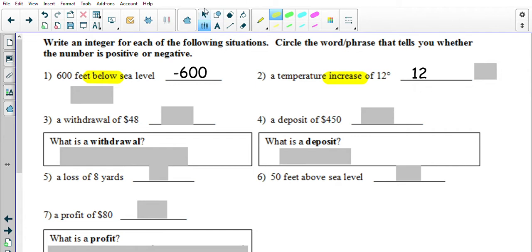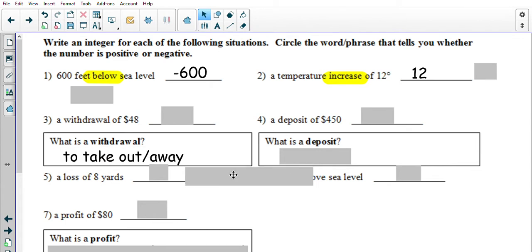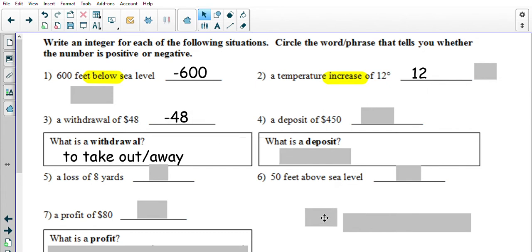If we're talking about a withdrawal in this case, we're talking about taking out or taking away. So if I withdraw money, I might be going to an ATM. If I withdraw money, it means I'm taking money out of my account. Now, it's more money I'm getting in my pocket, but with respect to the bank account, it represents a negative integer, so -48.